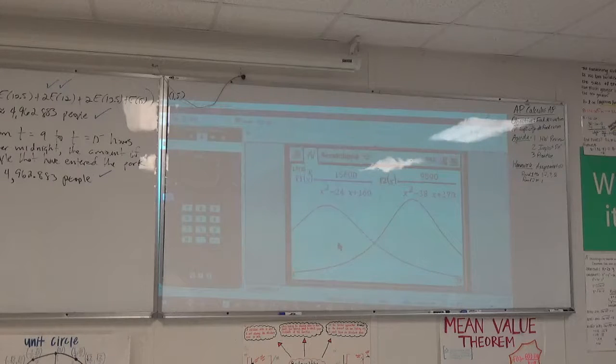Okay, on part B, just for anybody that's still on that, I want to remind you of something. If you need to take a derivative, your calculator will find the derivative for you. Like, I don't have to use the quotient rule.